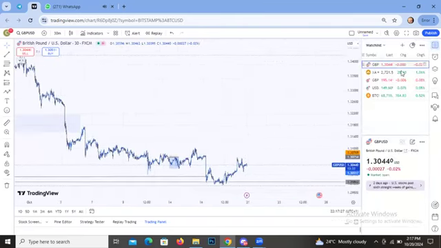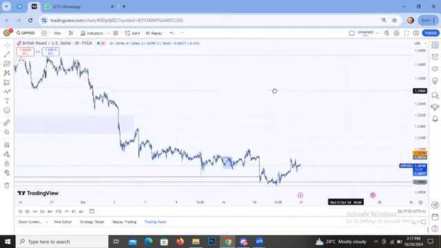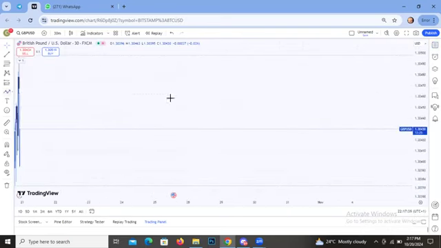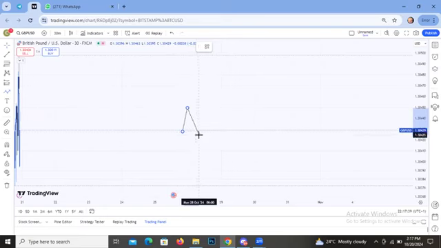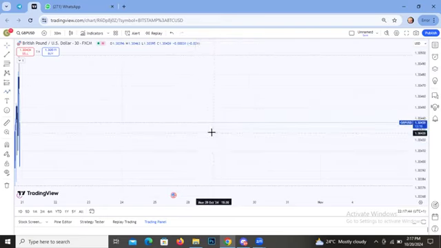So let's move on to my entry model. My entry method is something like this: a sweep, a change of character, then the order block in the lower time frame.